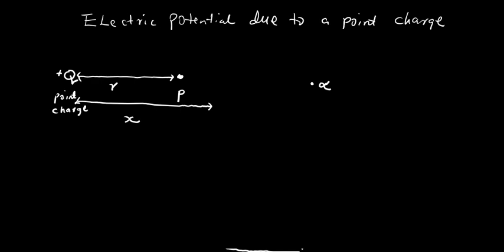Let us move the test charge from infinity. So we are trying to move this test charge Q from infinity to point P. Please look at the direction of the arrow.